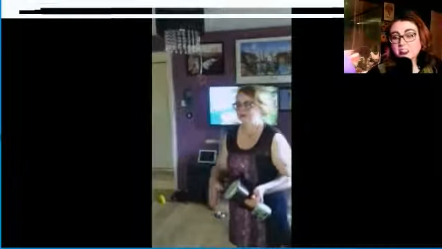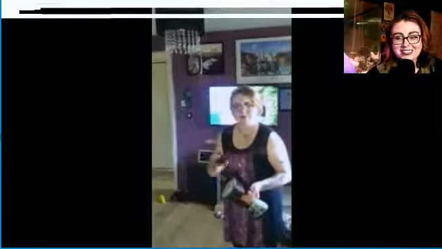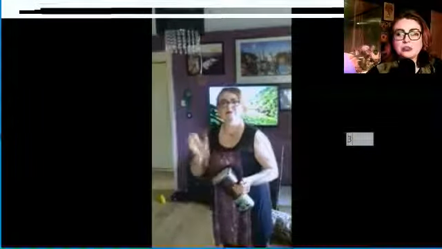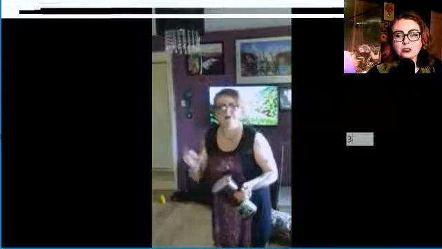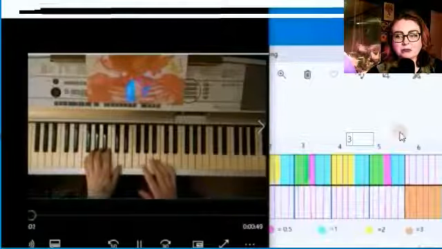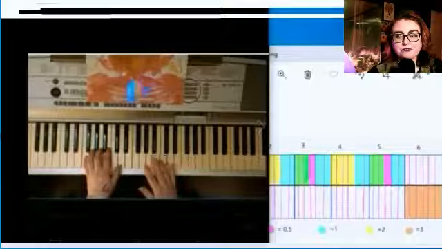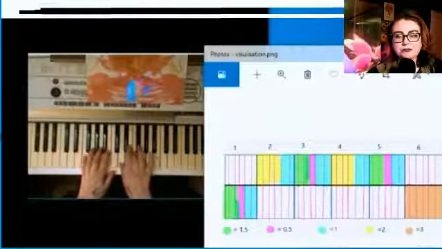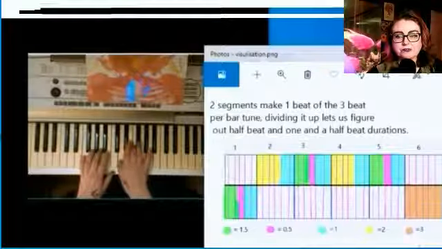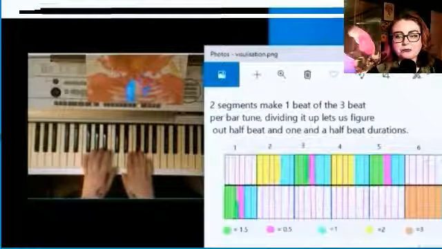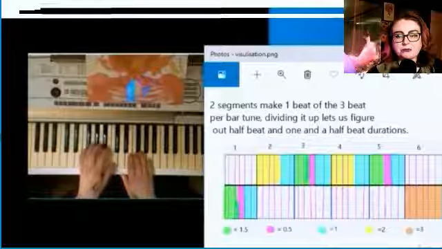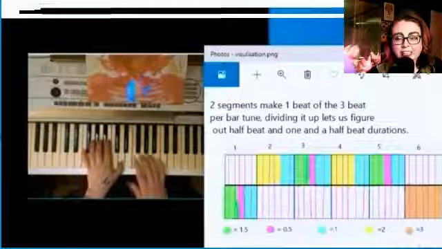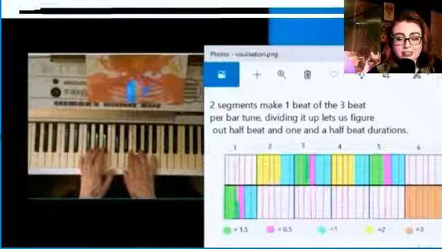There is a method to the madness. 1, 2, 3. 1, 2, 3. You'll see each note is held for the same amount of clicks.